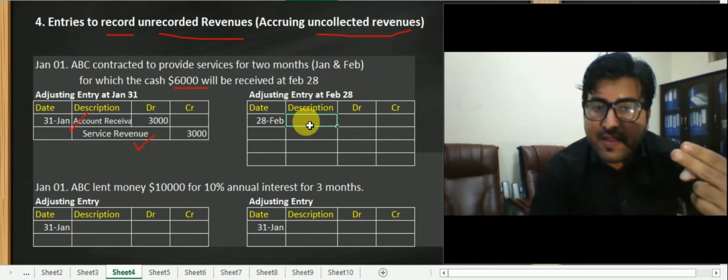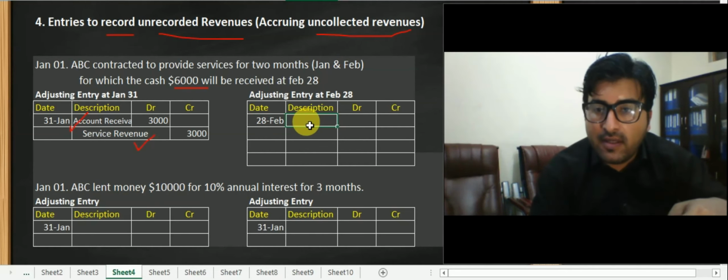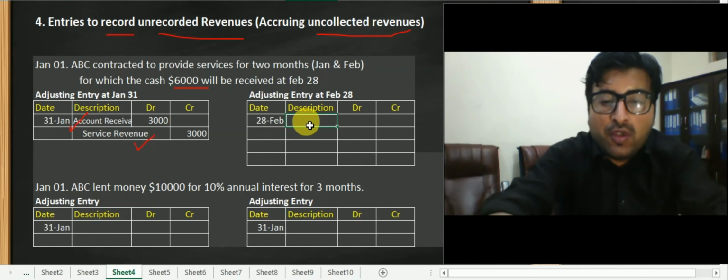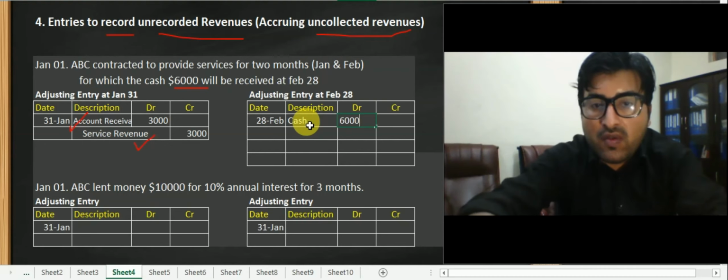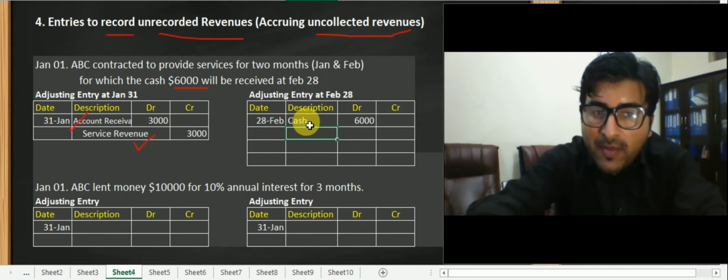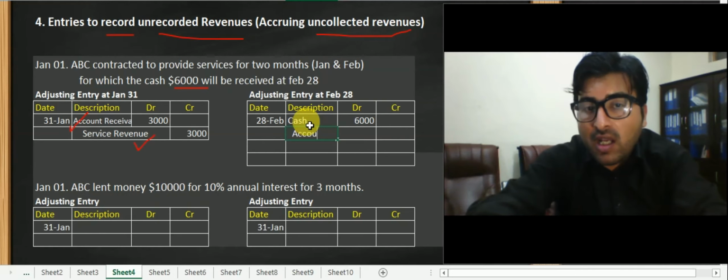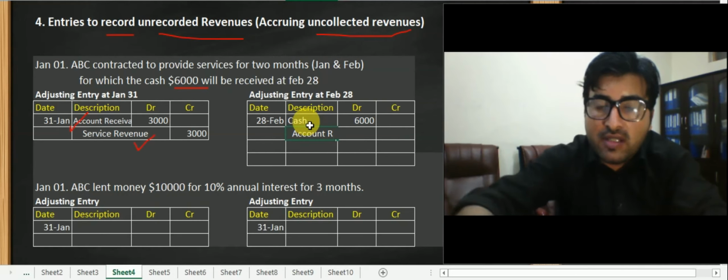Now it is the end of February 28, right? Then it means you are receiving cash. So cash debited how much? $6,000. And what should be credited? Account receivable. Account receivable, right?